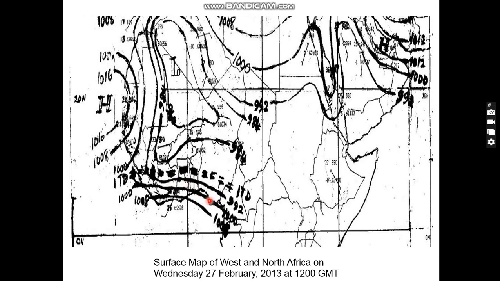All right. Then we start reducing. We now go to 992. 992 will exist between this 1000 and this one, which is 985. So 992 can exist there. So we draw that 992.